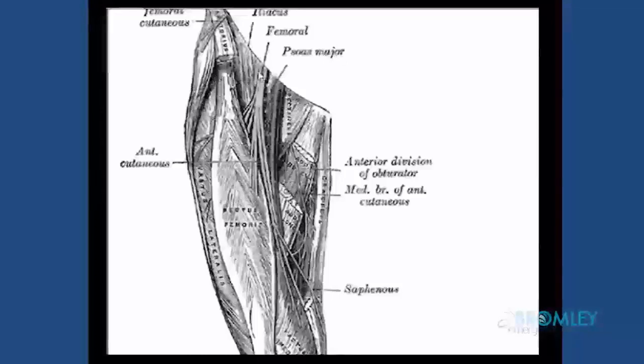We pick it up here, coming down in the front of the thigh, giving off branches to the quadriceps muscle, also to the sartorius, it also gives off cutaneous branches which are responsible for the anterior and medial sides of the thigh, and its final terminal branch here is the saphenous nerve, which is a long nerve which runs down medially and provides sensation over the medial part of the lower leg.